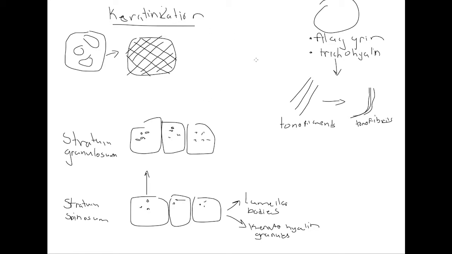Okay, and that is keratinization. So now in your stratum lucidum, you're going to have a bunch of these. Oh, I forgot to draw my desmosomes. These desmosomes need to be here.